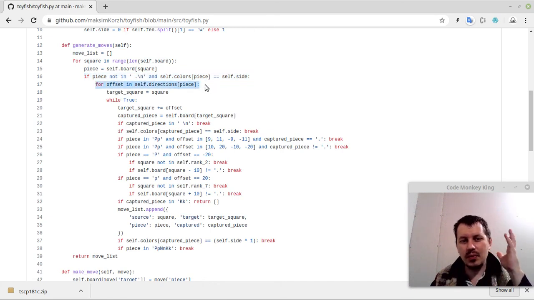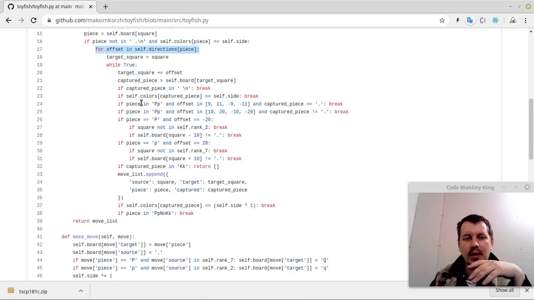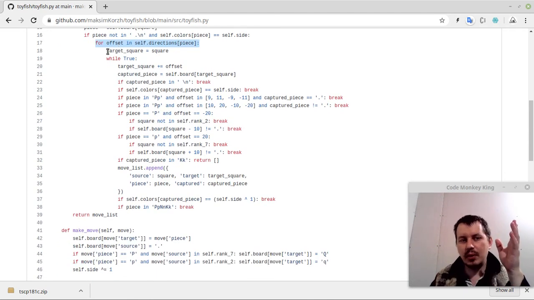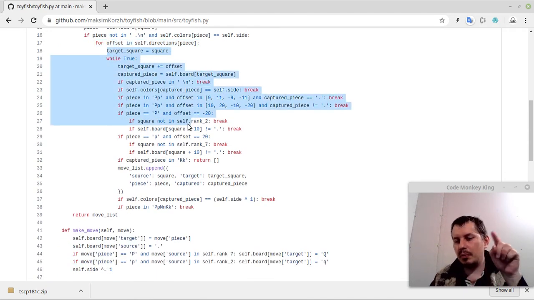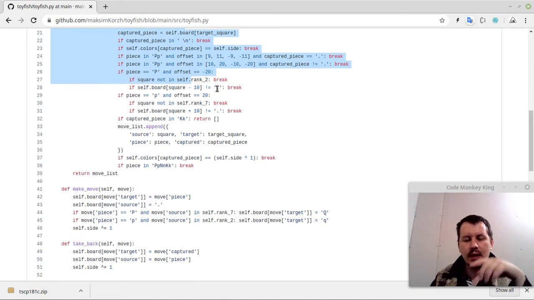Then we loop over the piece directions, like for pawns, diagonally or upwards, for rooks, orthogonally, for bishops, diagonally, for queens and kings, both. Then for sliding pieces, we also do an additional loop over the attack ray, right?